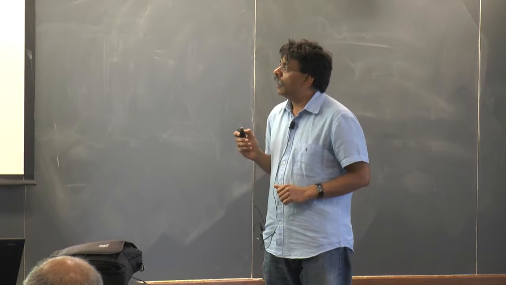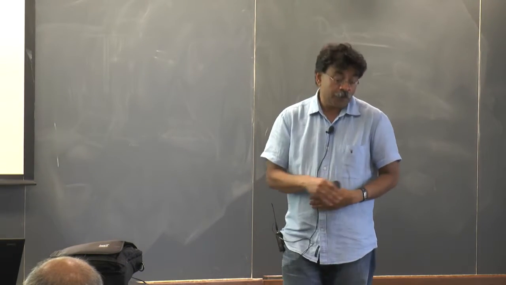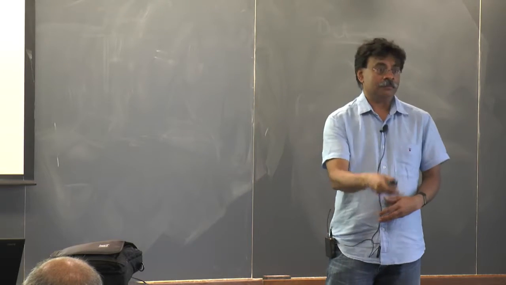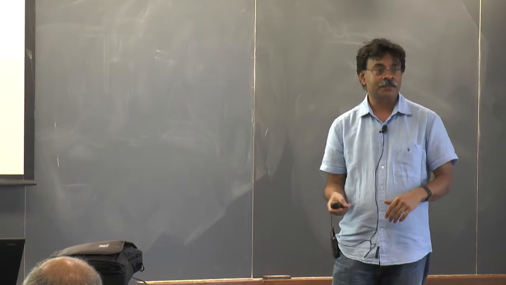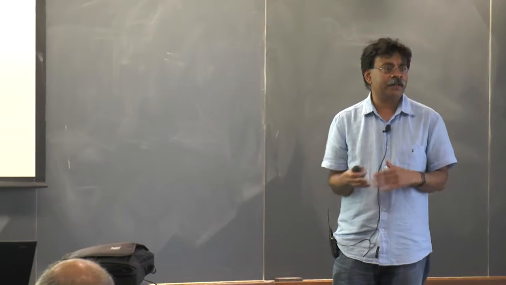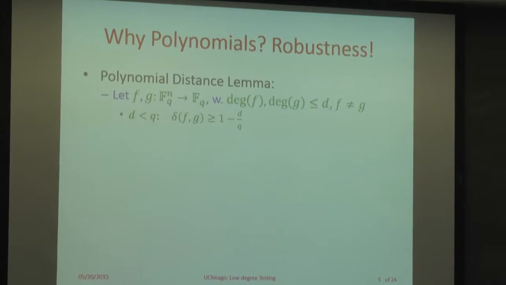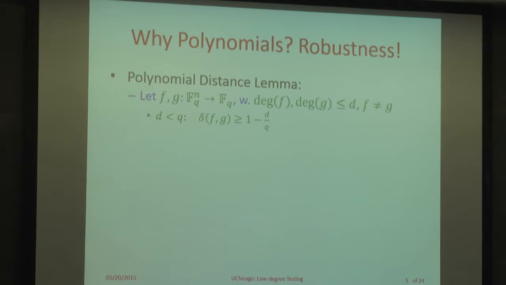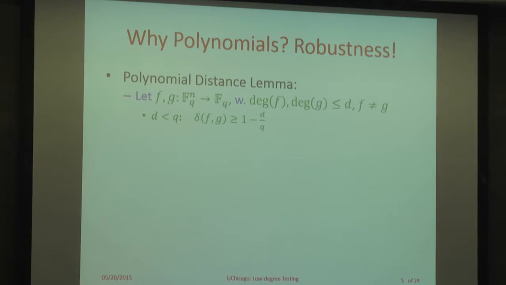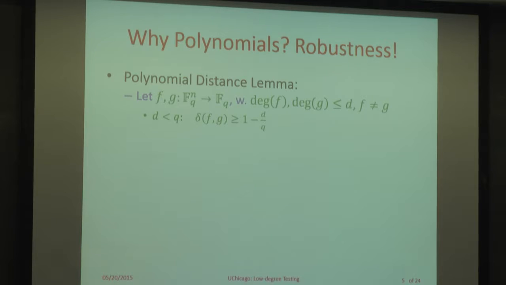Okay. All right. So why polynomials? Before talking about why test to see if a function is a polynomial, let us ask the question, why study polynomials at all? Why are they interesting? Turns out polynomials of low degree are a central concept in error correcting codes, and by virtue of that also very important to computer science.